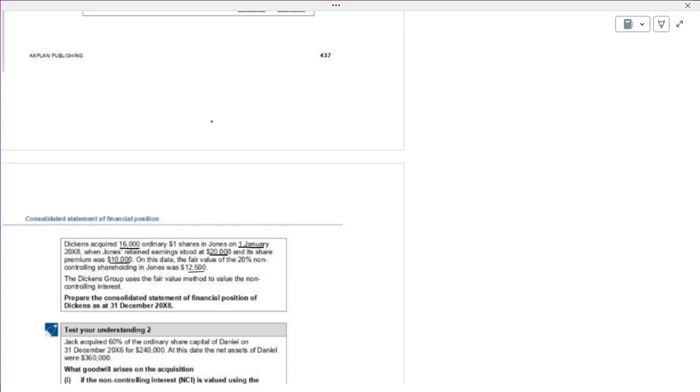If you understand this, the other things will be on the same pattern. Prepare a consolidated balance sheet as at 31st December 2008.